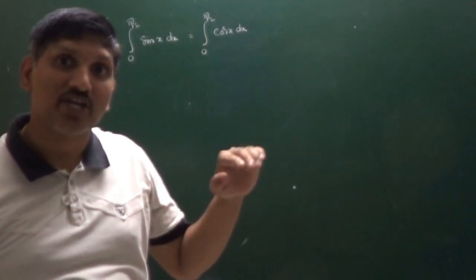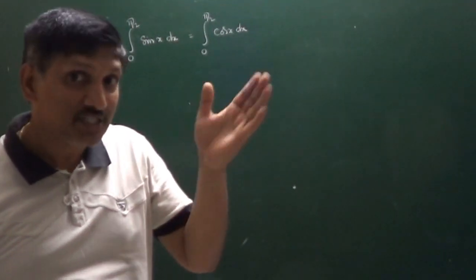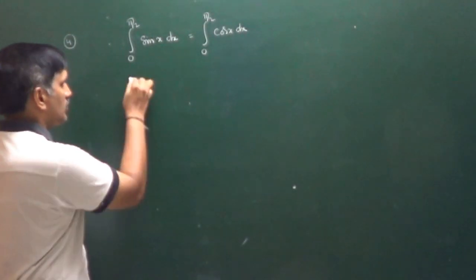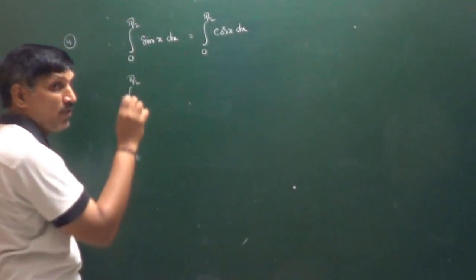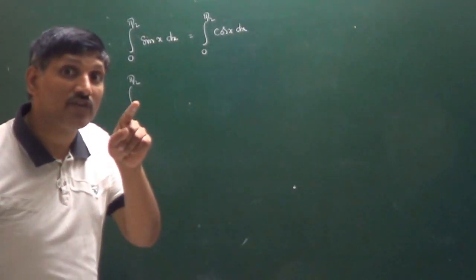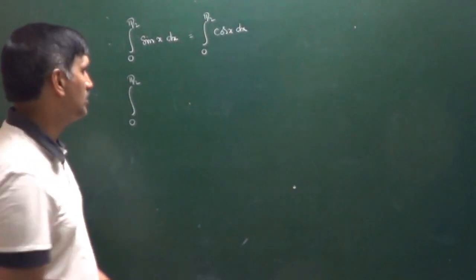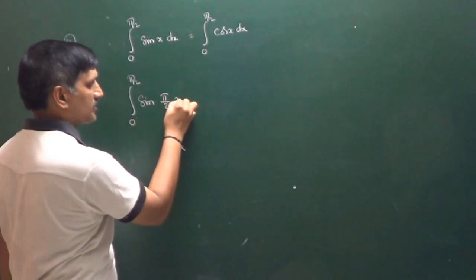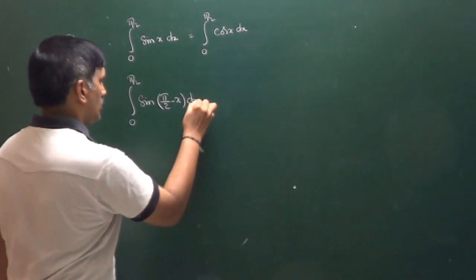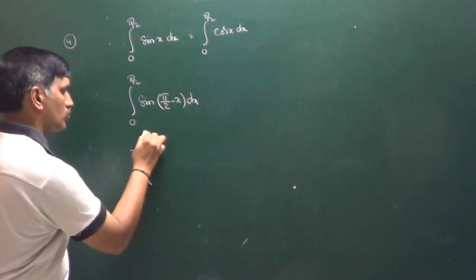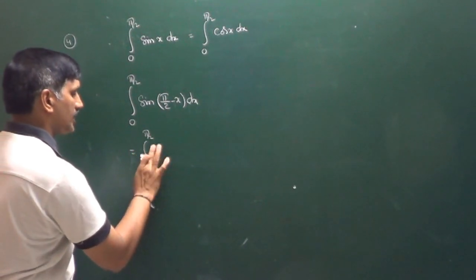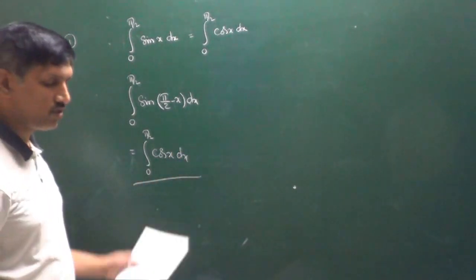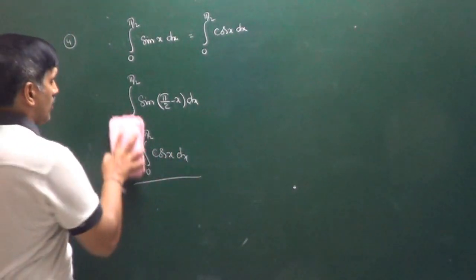There, if sin is there or cos is there, no change, same. The reason is this property. Apply the property: in place of x we can write a minus x, so we can write sin of 90 minus x dx. That is equal to integral 0 to pi by 2 of sin 90 minus x, which is nothing but cos x dx. So that is the application of that property.